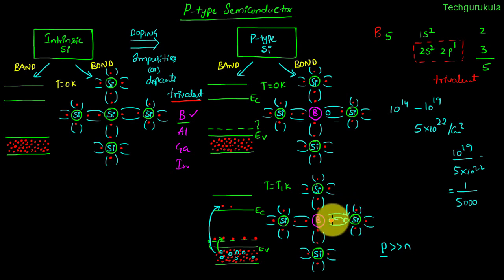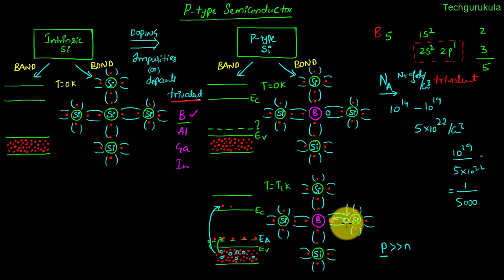Now, if we observe, the boron atom is actually taking an electron from the neighbor, so it is basically accepting. So we will call this an acceptor atom, or the doping that we have done, we'll call it acceptor doping. And the energy level that this doping has introduced, we'll call it the acceptor energy level. And the doping concentration we did, we'll call this N suffix A, representing the acceptor concentration level, and this is the number of dopants per centimeter cube.